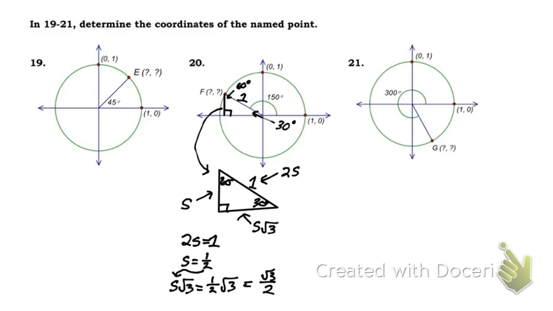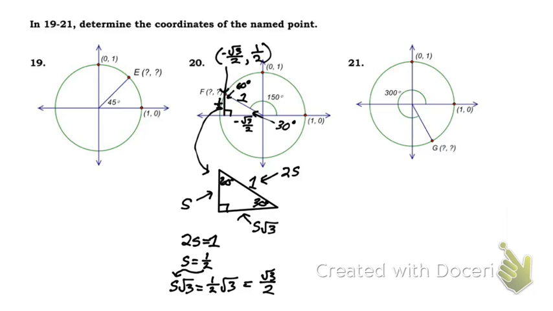We said yesterday to go in this direction, we have to have a negative x value. So on the xy plane, I'm going to label this as negative square root of 3 over 2, and this as 1/2. I only do that so I can get this point. This point right here would have the x value negative square root of 3 over 2 and up 1/2. So that is that point on the xy plane.